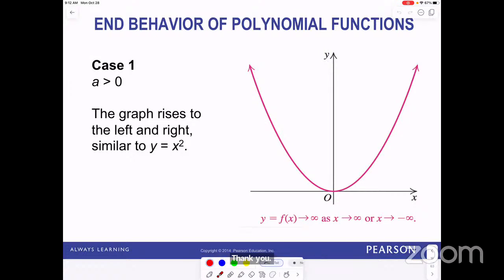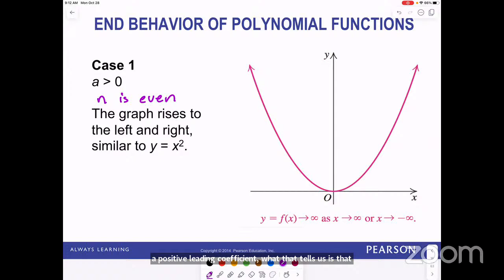So this should say, this is when n is even. Like this. So we have a positive a, and n is even. So when we have a positive leading coefficient and an even power function, if you think of the graph of x squared, it makes this shape, like a U. With a positive leading coefficient, that tells us our graph goes up to the right.